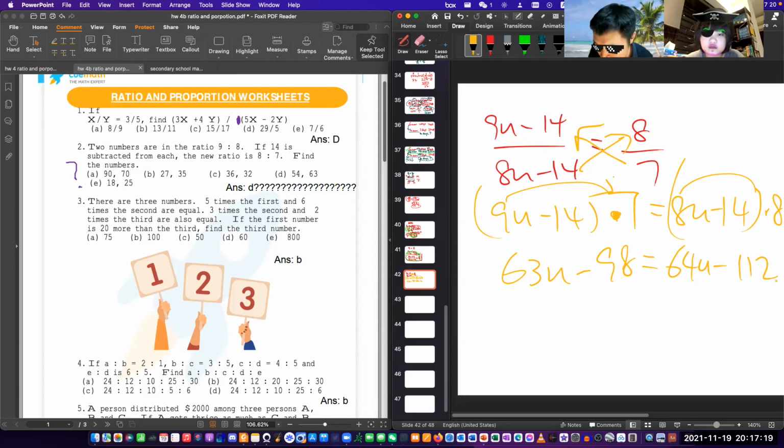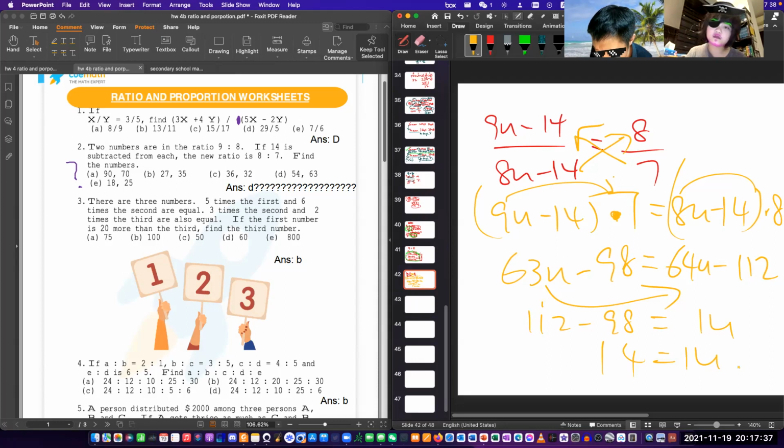So you just move things around, 63u over, so you get 1u here. 112 minus 98 is 14. So 1u is 14. So they ask to find the numbers. So 9u is 9 times 14. So 9 times 14 is how much?